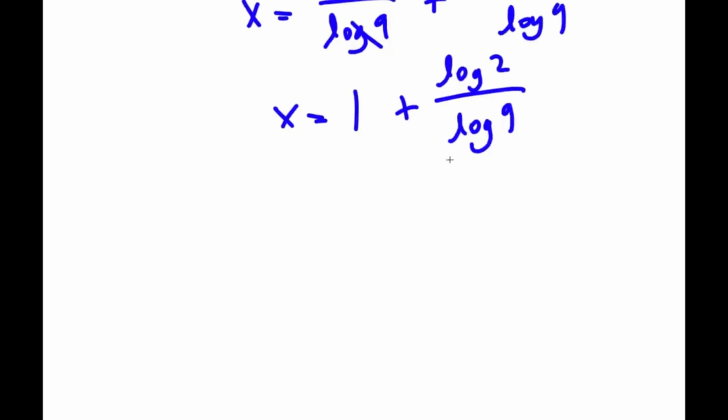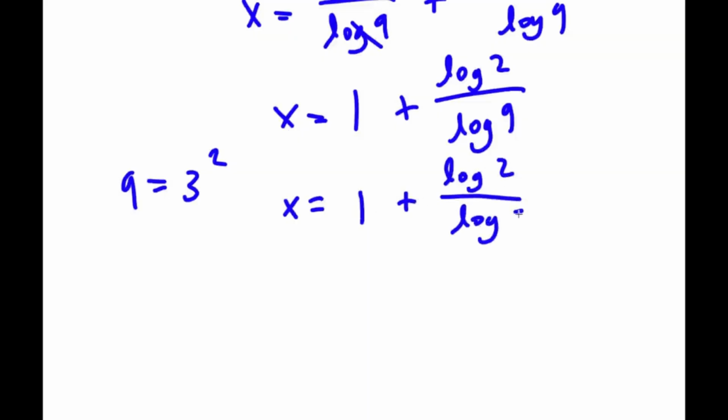Now, log 9, well, 9 is the same thing as 3 squared. So now if I replace 3 squared for 9, I get x is equal to 1 plus log 2 over log 3 squared. Now remember, property of logarithms, that states that if we have something in the form log a to the power of b, we can move our exponent b to the front of the logarithm, so this would equal b times log a.